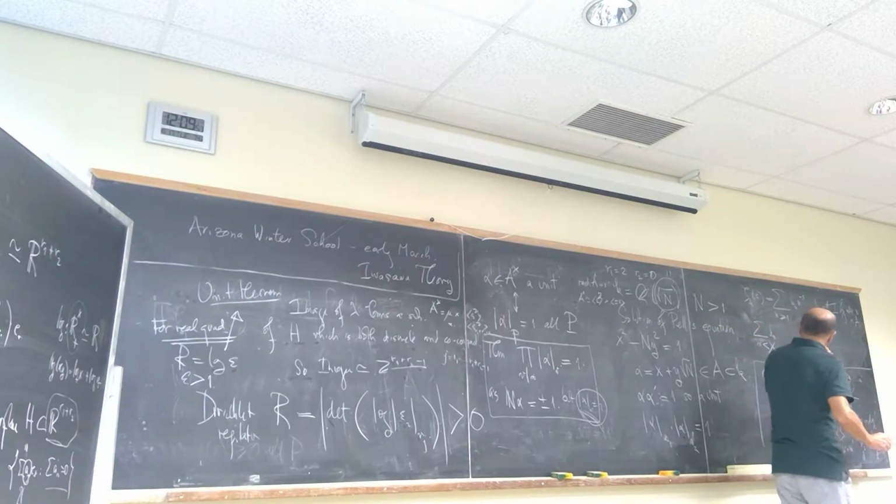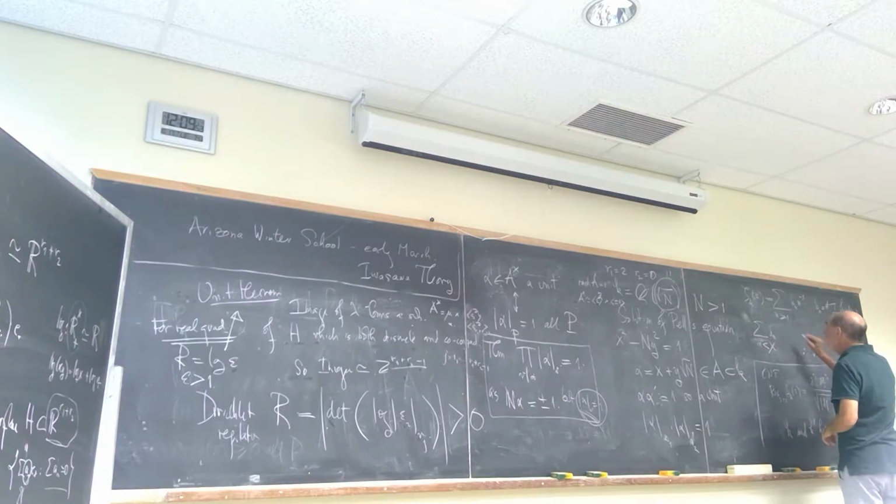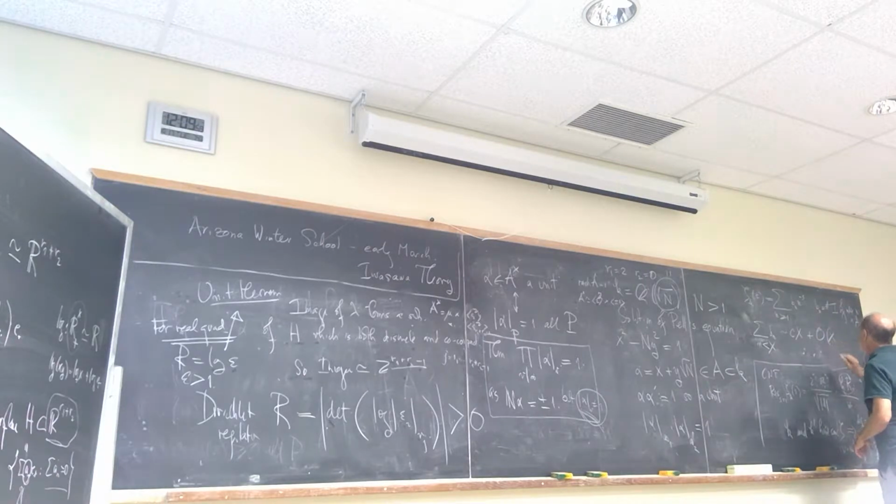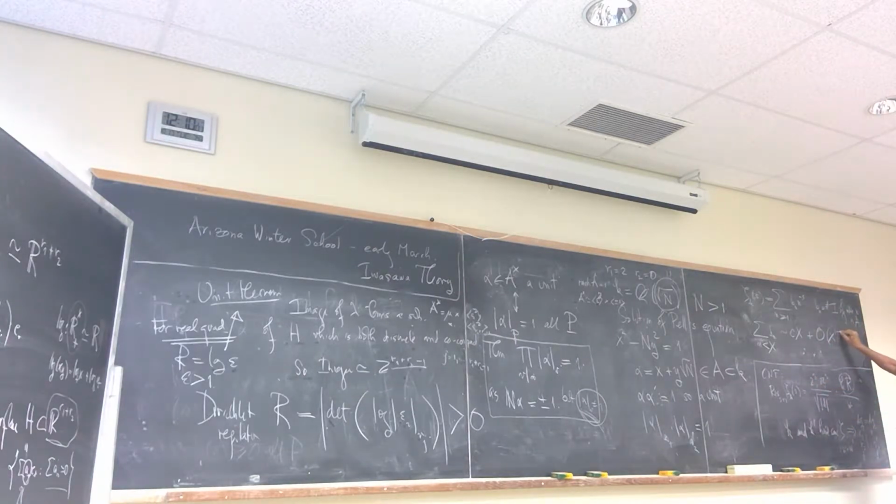All right. So you have to prove that this is a constant times x plus a term that's less than x, and in fact, what turns out is it's just a little less than x. It's O of x to the 1 minus 1 over the degree of k.